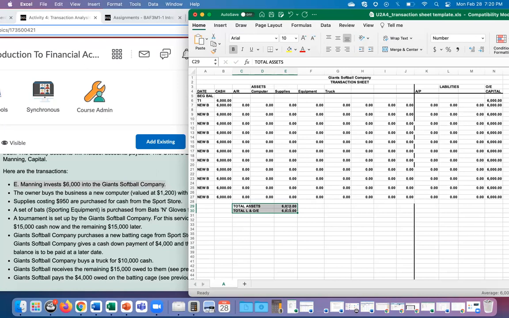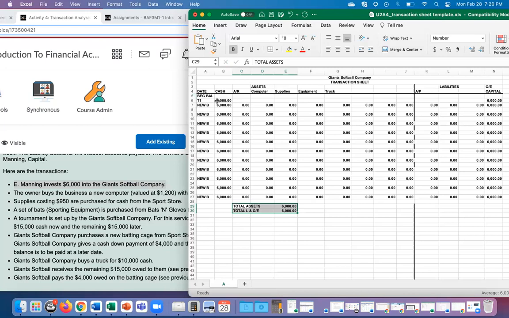If you know exactly what's wrong with it, go ahead and change it. But if you can't figure out why it's wrong, just go ahead and put in all the transactions and submit it. Then I can help you root out what the problem is. But just so you know you're doing it right if these two numbers are in balance. Okay, so that's the first transaction done.